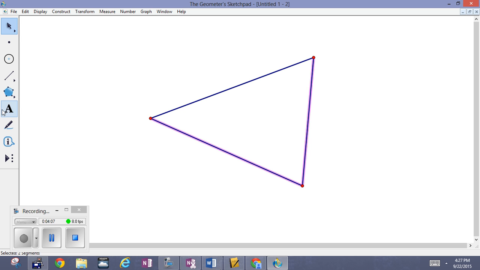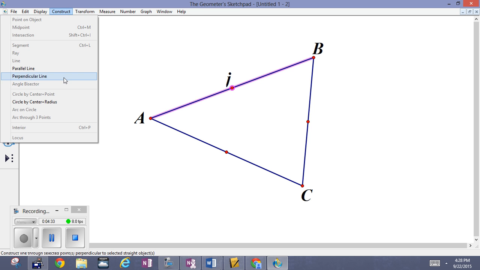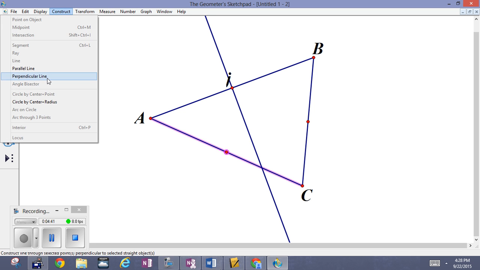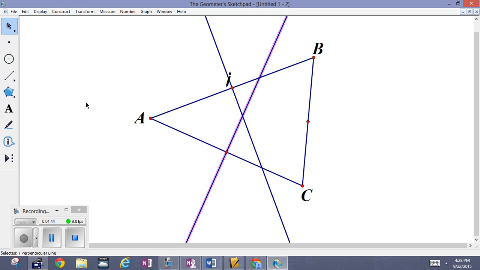Well, the center of that circle would be found using the perpendicular bisectors of the sides. So if I were to find the midpoint of each side, and if I were to subsequently select the midpoint and the segment and construct the perpendicular, we would find that those perpendiculars all converge at one point, and that point would be the center of the circle.